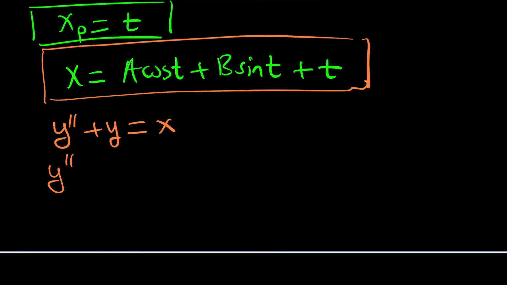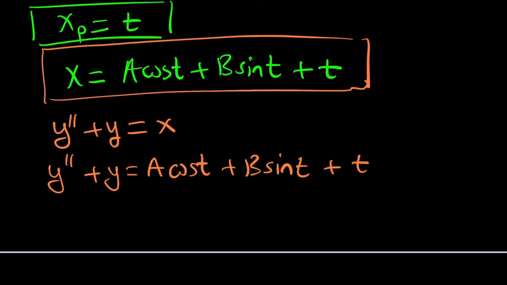So we get y double prime plus y is equal to a times cosine of t plus b times sine of t plus t. Now, here we have three terms that do the forcing, which means we have a non-homogeneous equation again, but with different kinds of functions.